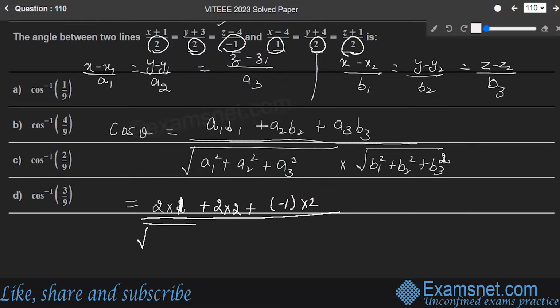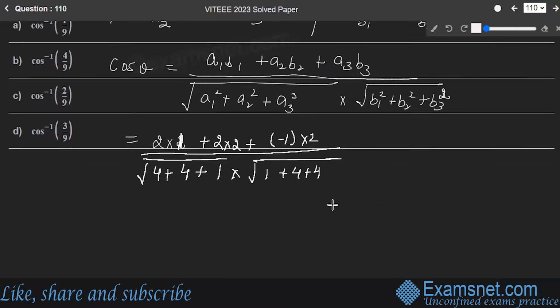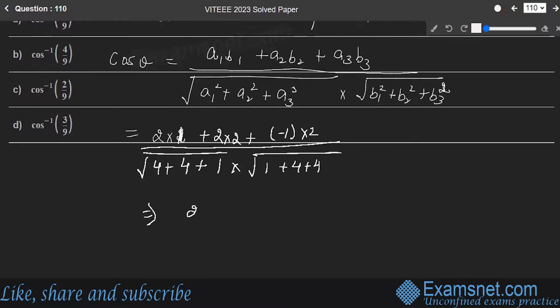A1 is equal to 2, so 2 square is 4, plus a2 square, that is 4, plus minus 1 square, that is again 1, whole multiplied by 1 square, 1, plus 2 square, 4, plus 2 square, 4. Okay, so here I have 2 plus 4 minus 2, divided by root of 9, that is 4 upon 9.